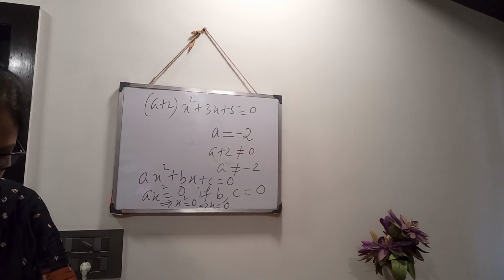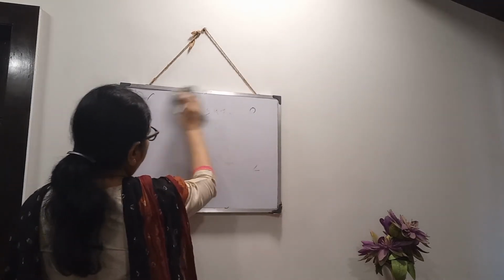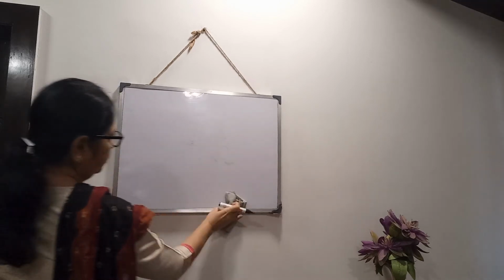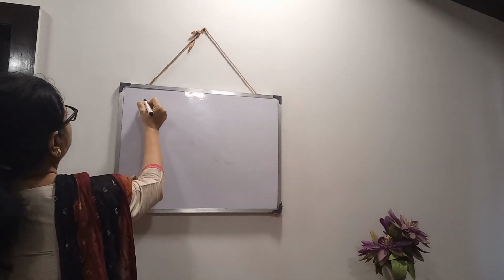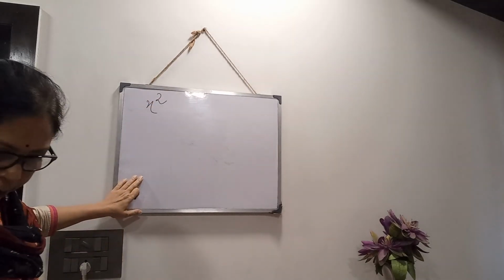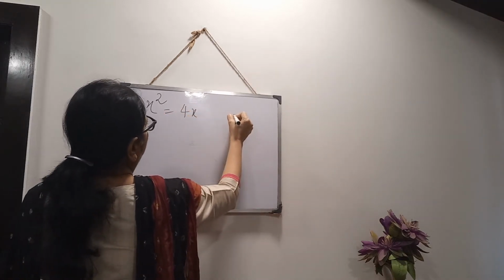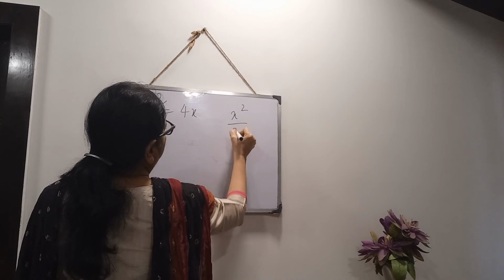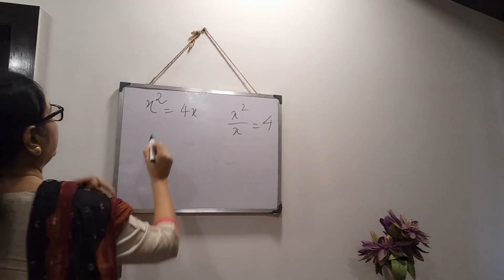Clear? And next one, I am giving a star mark. You will get the same type in your board book also. I am writing two types. Solve. First is x square equals to 4x. And another form is given: x square by x equals to 4. Now see.